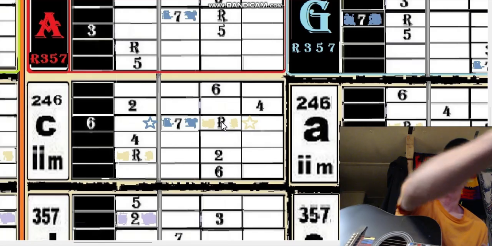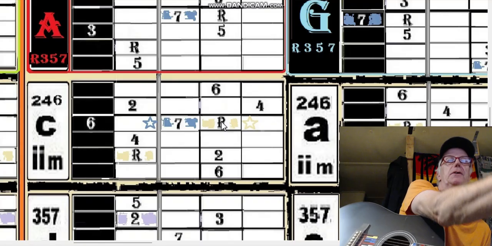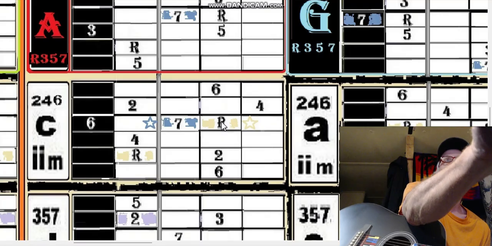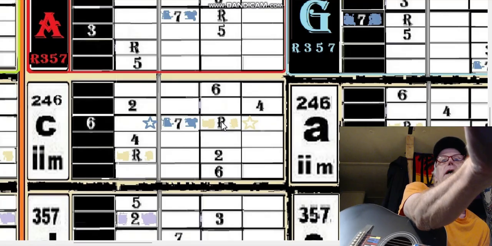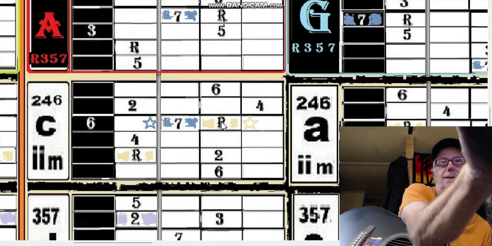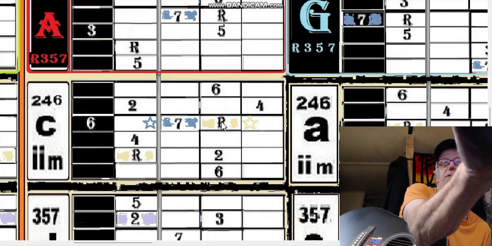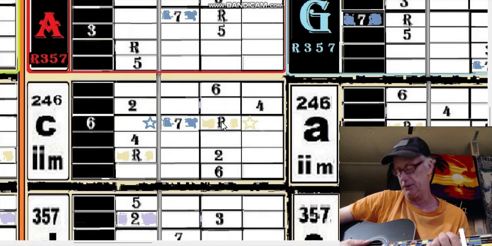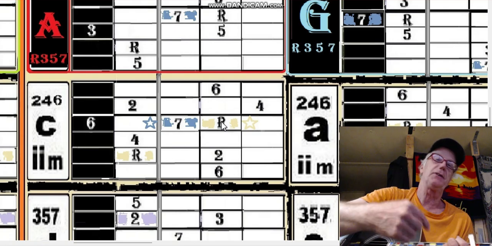Okay, starting from the 6. So starting from the 6, we've got 6, 2, 4, and root. You know, it's not just whip off a D minor 7th there, because we've got guitar and we can't get the triads.